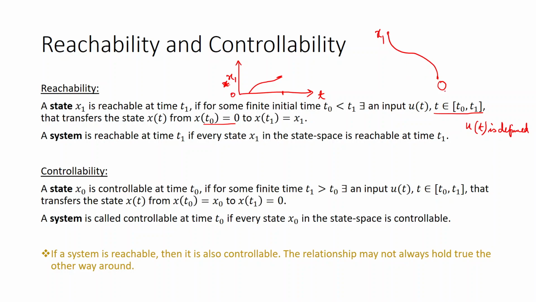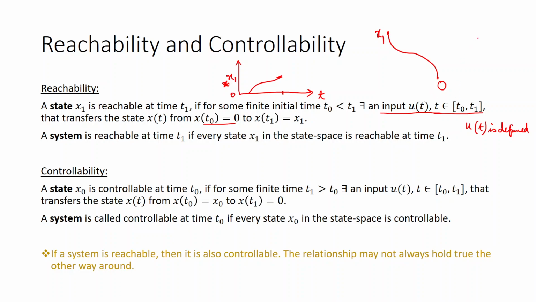So you are starting at t0 from 0, and at t1 you are ending at x1. So this is what we are trying to check from the system. We are trying to check whether there exists some input between this time t0 to t1 with which we would like to go from origin to x1.